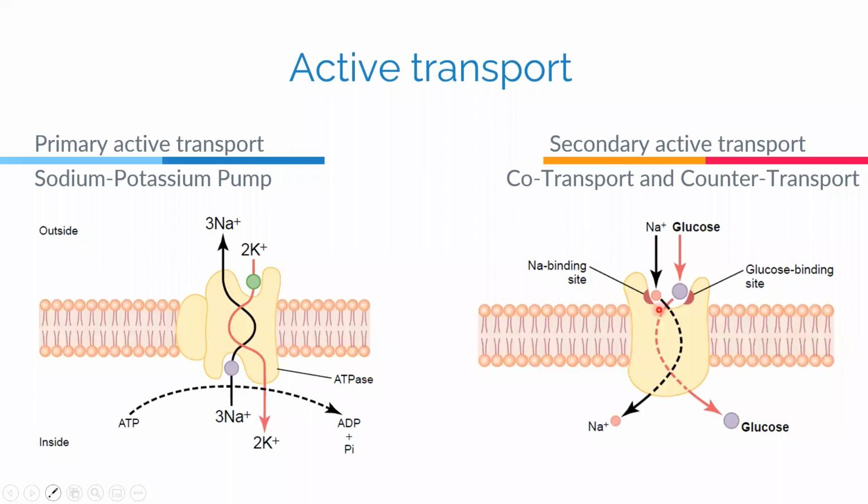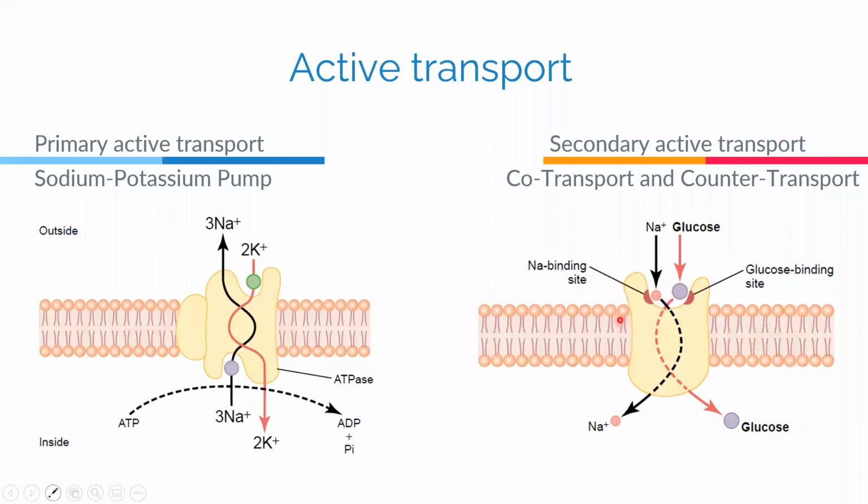For the sodium glucose pump, the sodium ion moves along its concentration gradient. Sodium ion concentration on the outside of the cell is way higher than the inside of the cell, and thus the sodium ion wants to move into the cell. The opposite is true in the case of glucose. Glucose is present in minimum amounts on the outside of the cell compared to the inside.